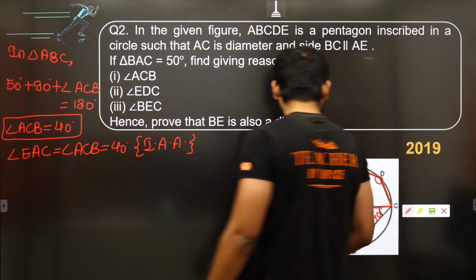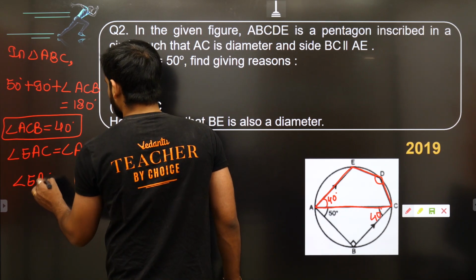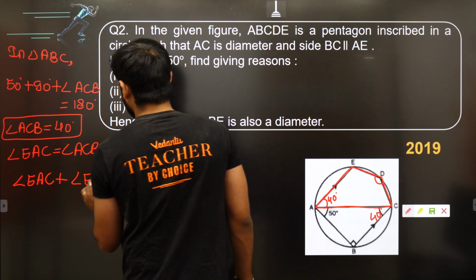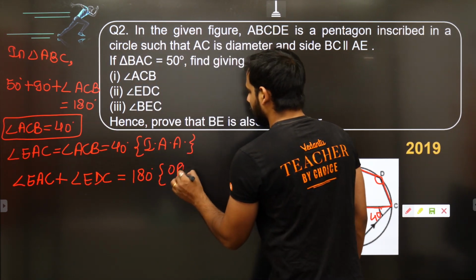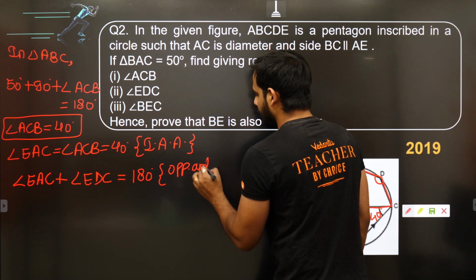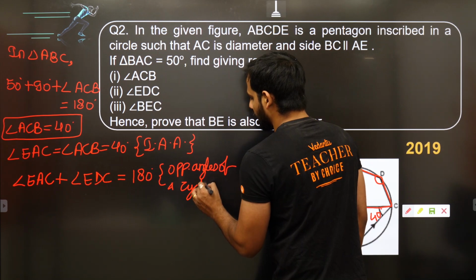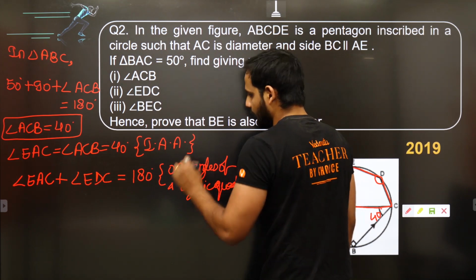So I can say angle EAC plus angle EDC is equal to 180 degree because they are opposite angles of a cyclic quadrilateral.